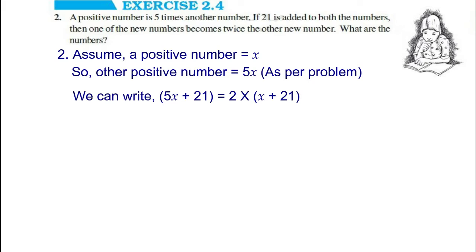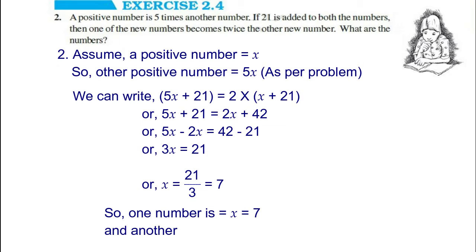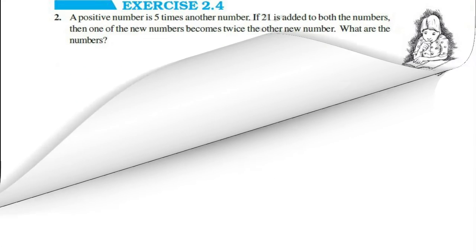So 5x + 21 = 2x + 42. Now we separate the variable and the numbers. So we can write 5x - 2x = 42 - 21, or 3x = 21, or x = 7. So one number is equal to 7 and the other is 5x, so 5 into 7 is equal to 35. Okay, go to problem number 3.